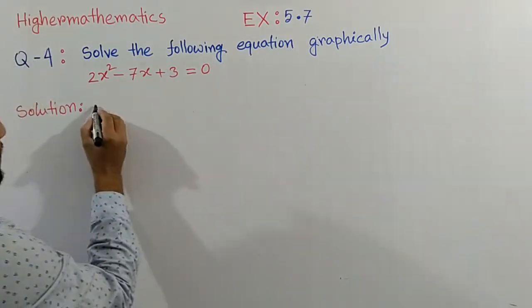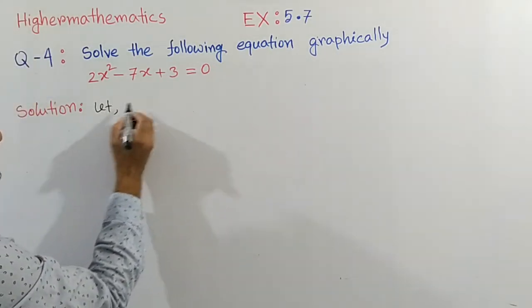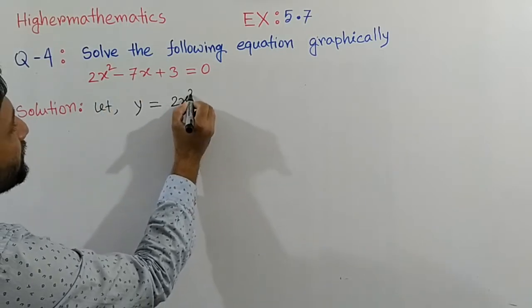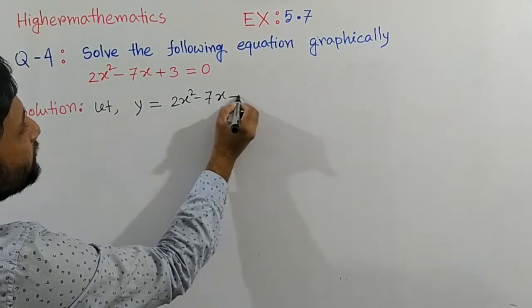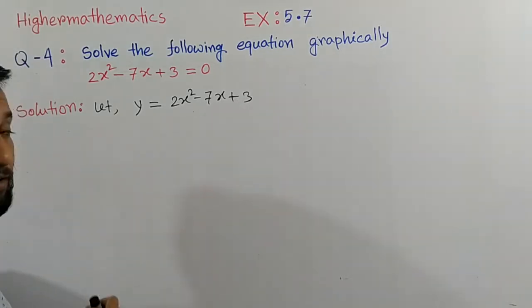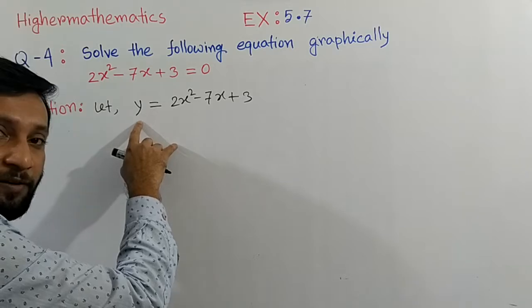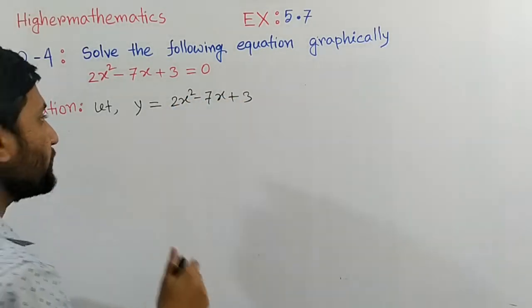At first, let another variable y equal this expression, 2x² − 7x + 3. Here, for different values of x we have to find different values of y by using a table.